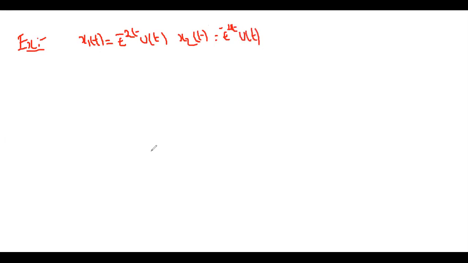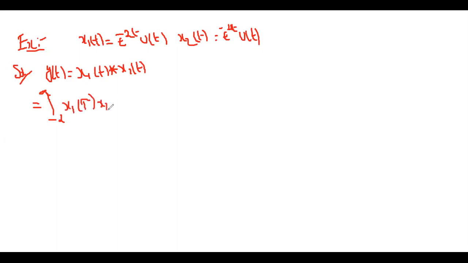Okay, my dear students. So what is the convolution equation? y of t is equal to the convolution of the two signals x1 of t and x2 of t. The formula is integral from minus infinity to infinity of x1 of tau, x2 of t minus tau d tau.